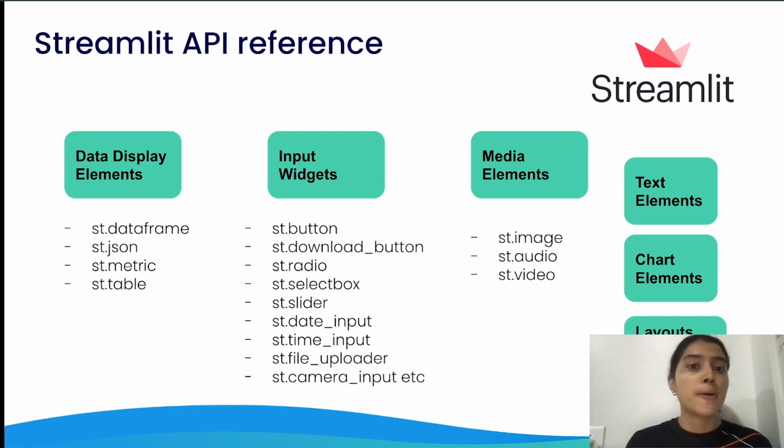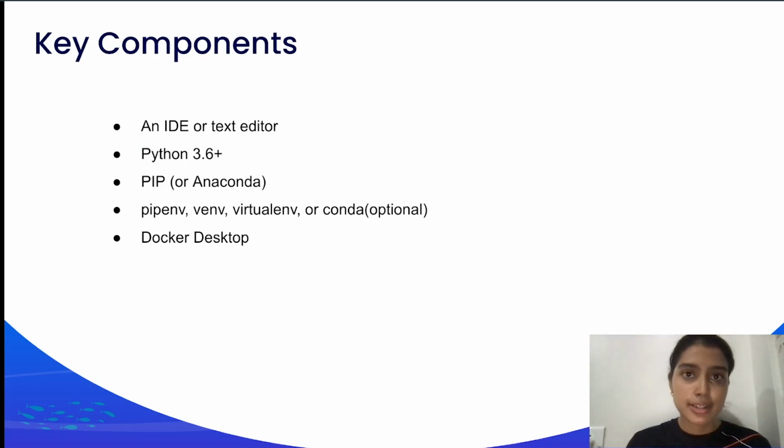So now let's get our hands dirty by doing some demo. To run your own Streamlit application, you would just need these couple of components that are listed on this slide here.